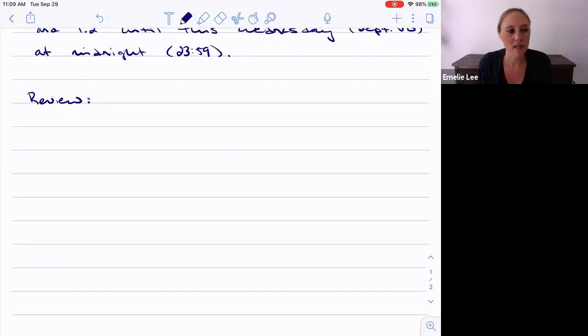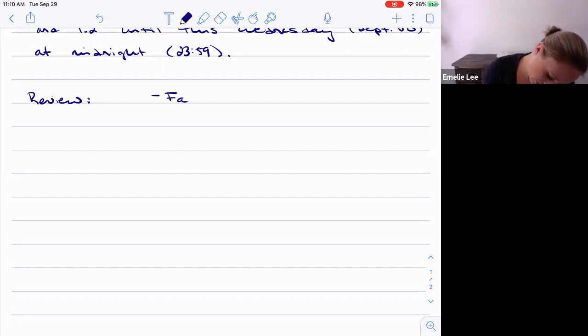So from last week, we talked about factoring, and there were a lot of ins and outs, and we'll see factoring again today. In terms of review, we talked about factoring, and that's from 1.3.